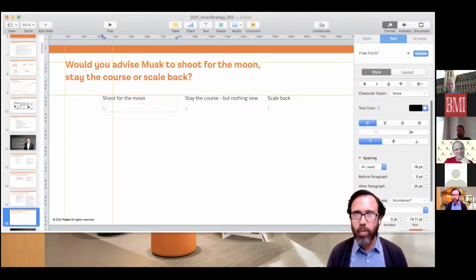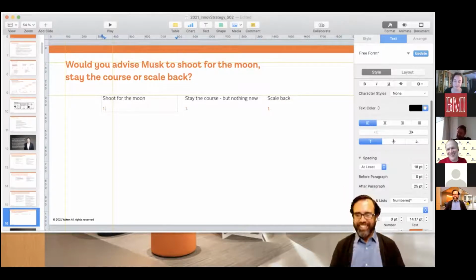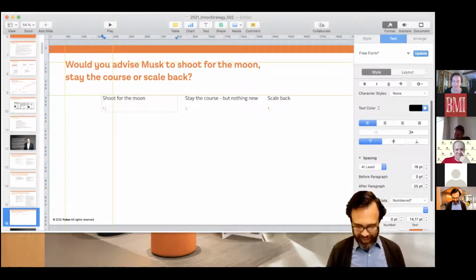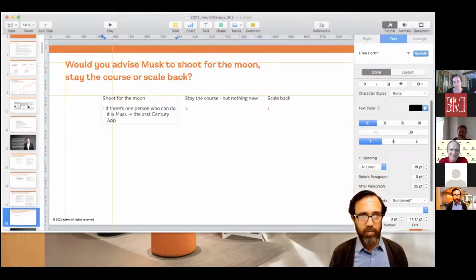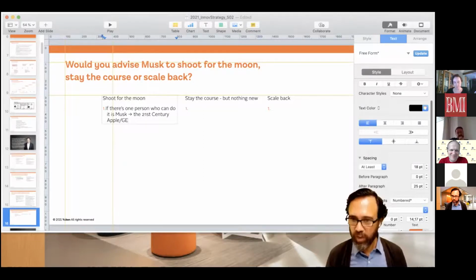Yes. And what was the reason for this? As I said, pure emotion. No, I think that we also believe that if there is one person in the world who can do it, it's him. I think that he has this capacity. If there is one person who can do it, it is Musk, meaning this could be the 21st century version of Apple or GE or something of the like, right?